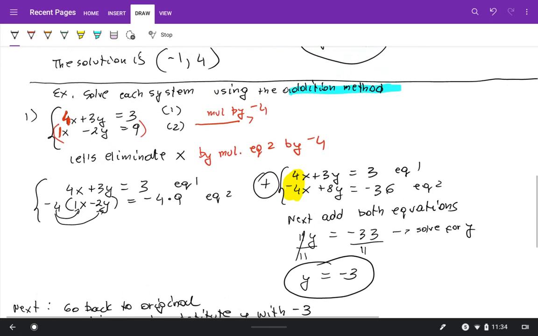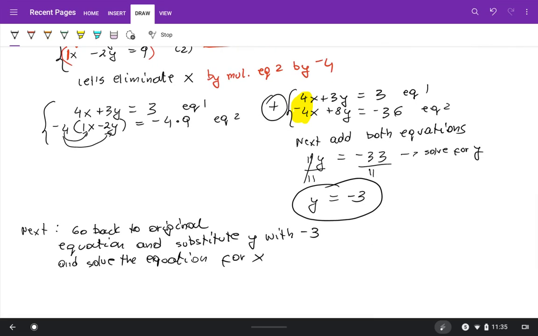So I'm going back to the original equation, and you have two choices. You can pick equation 1 or equation 2. Don't forget that now we're trying to figure out what x is. So it's just better to select equation 2, which is, again, just 1x. So it's super easy to solve that equation for x. So I will pick original equation 2 to figure out what x is.